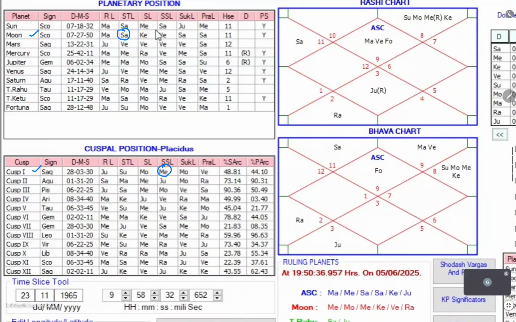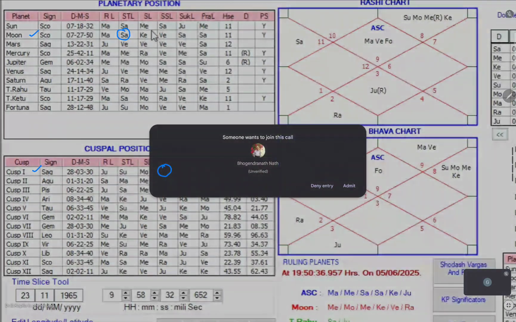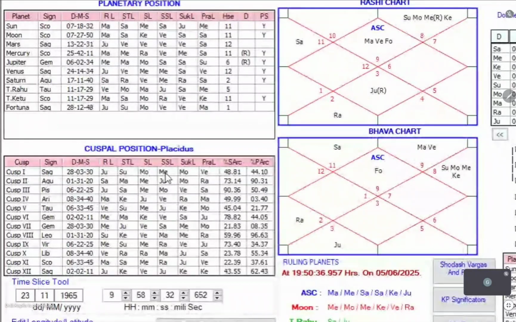Now, in the column of sublord, I don't find any planet that fits over here. Then the last column is the sub-sublord column. Here Jupiter is there, so Jupiter can also be there.